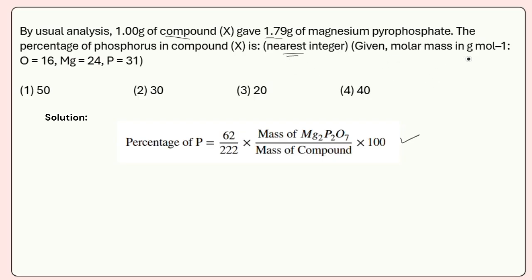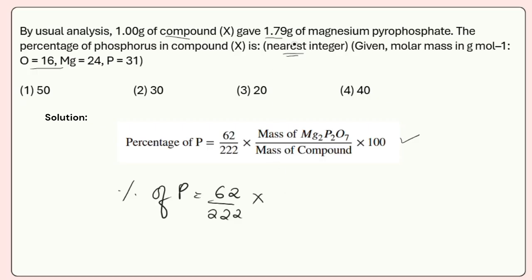The given molar masses of oxygen, magnesium and phosphorus are here. You don't have to use this data if you remember this particular formula from the Carius method of estimation of phosphorus from the organic compound. So let's calculate. The percentage of phosphorus is equal to 62 divided by 222.